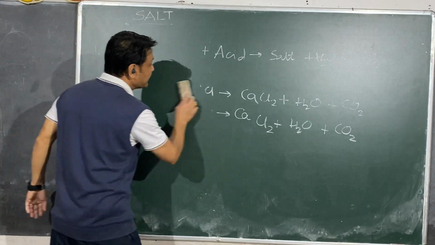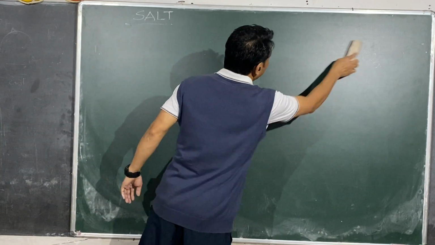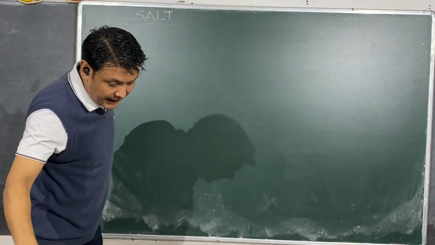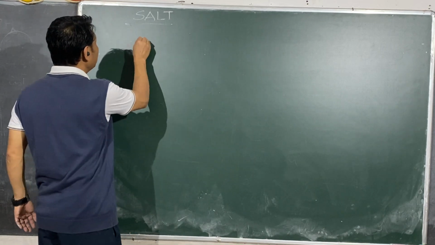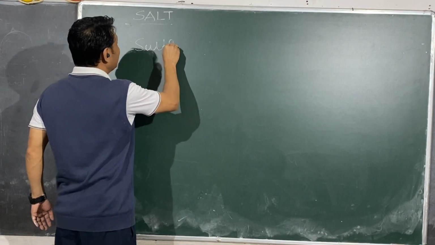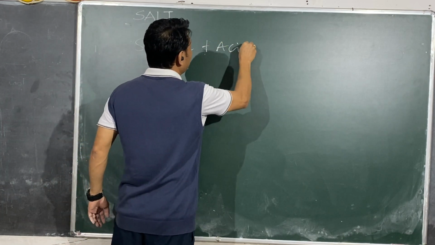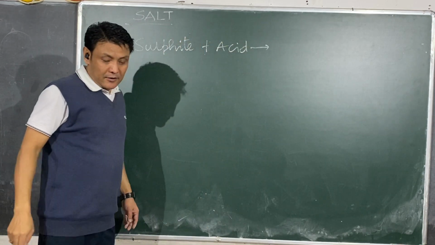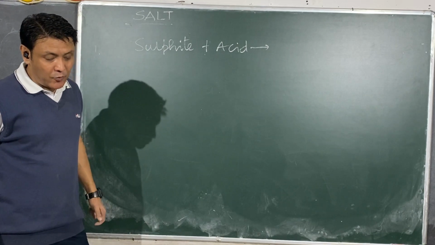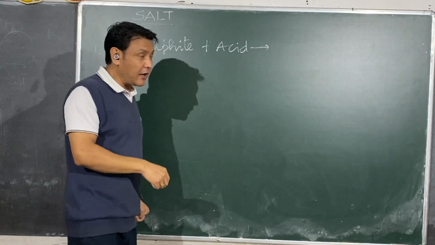Sulfite and an acid. What is formed? Salt, water, and sulfur dioxide.